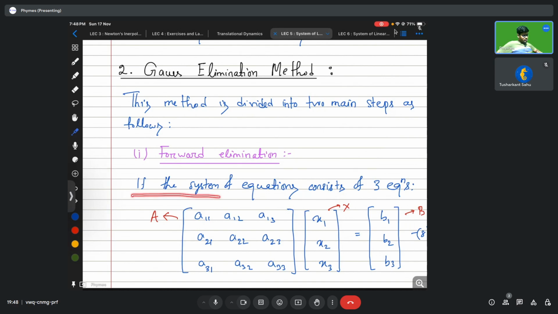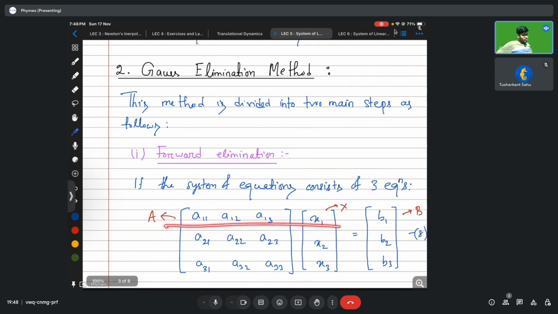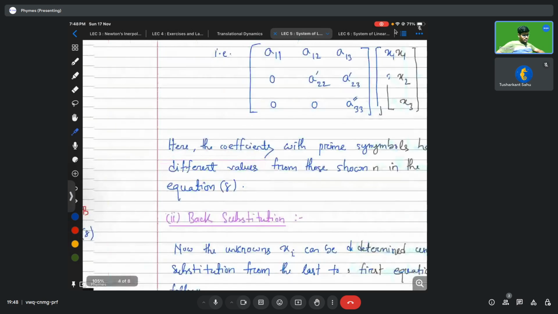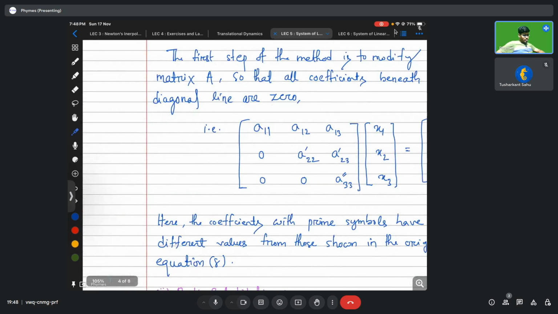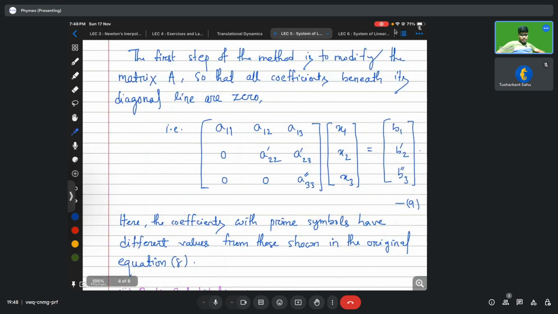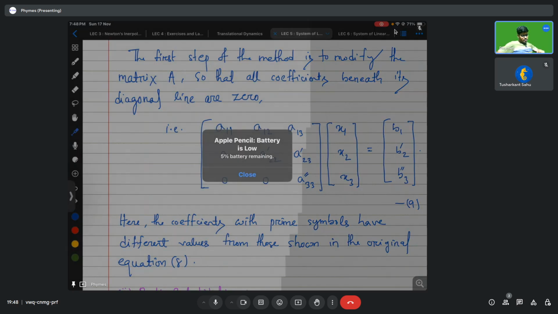If the system of equations consists of 3 equations, there are 3 variables, and this will be the coefficient matrix, this is the variable matrix, and this is the non-homogeneous part. In this first step, we are going to modify the coefficient matrix so that the coefficients beneath the diagonal line are 0.